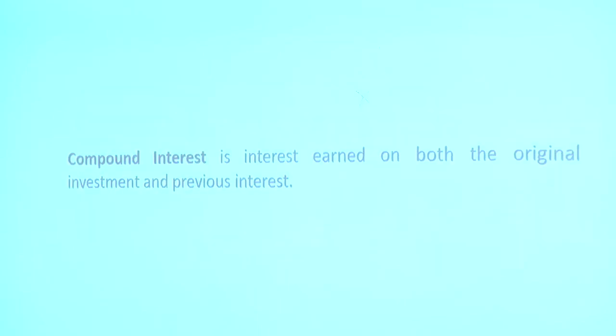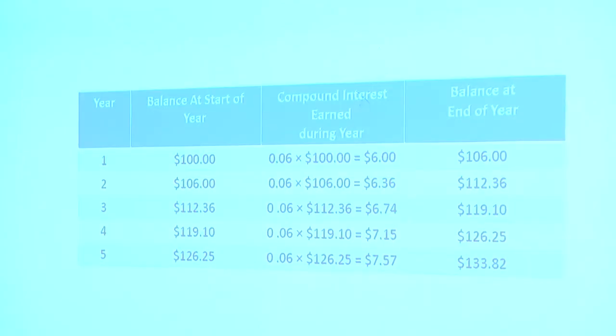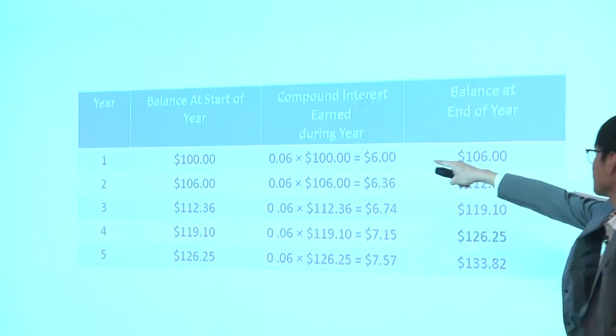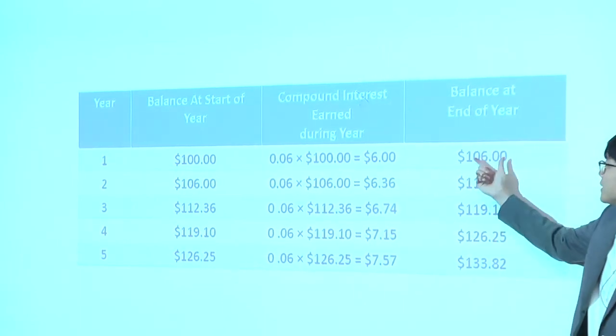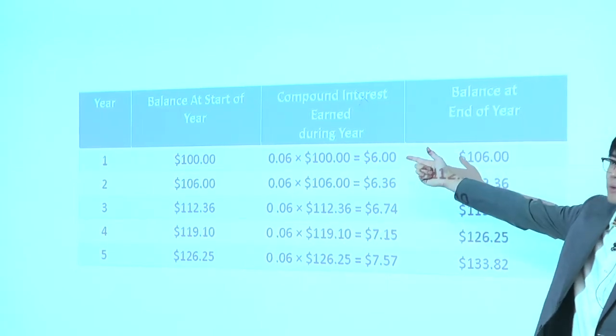But compound interest is interest earned on interest. With compounding interest, your next year's interest amount depends on your last year's savings. But what do I mean? I mean this. You deposit 100, at the end of the first year, you have $106, right? Then next year, your interest depends on this amount instead of your initial amount.